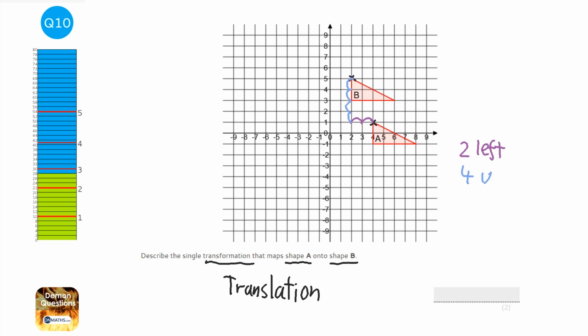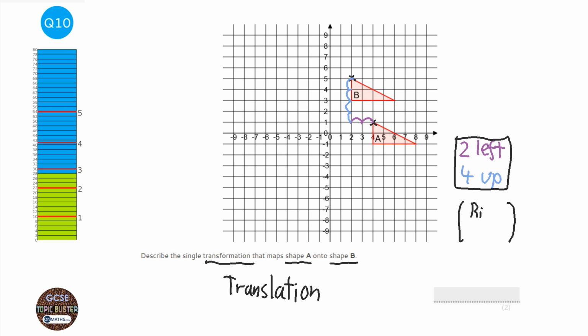So 4 up. Now the way of showing translations is by using vectors, and it sounds fancy, but it's just putting this information between a bracket. The number at the top of the bracket is how far right it's gone, and the number at the bottom is how far up it's gone. Let's do the number at the bottom first.